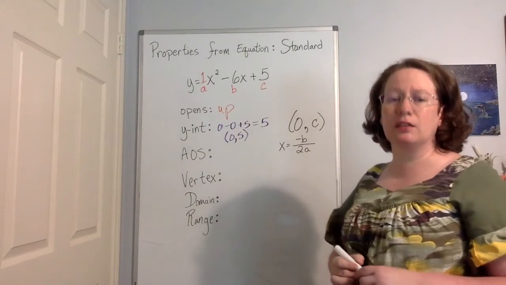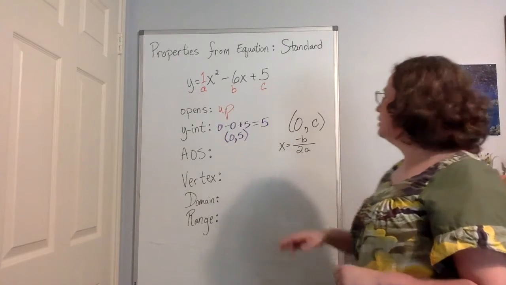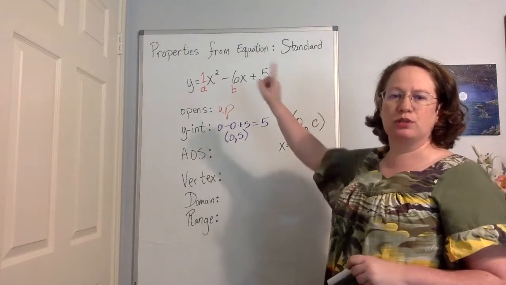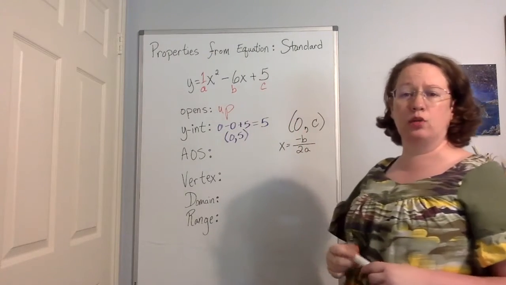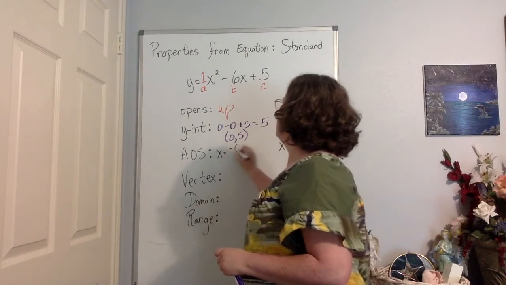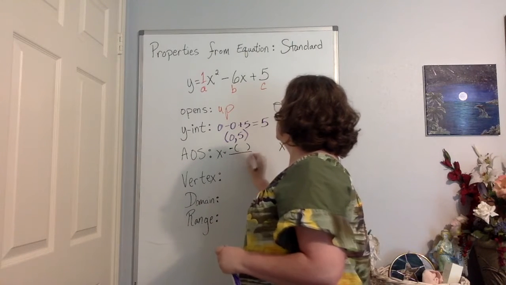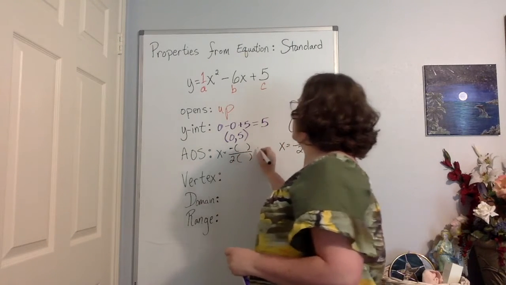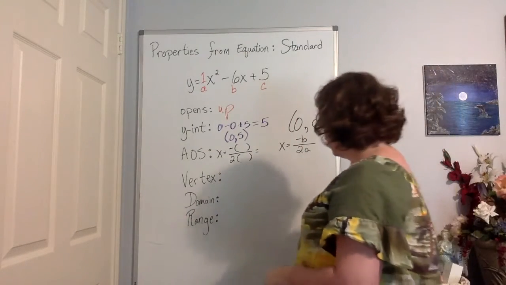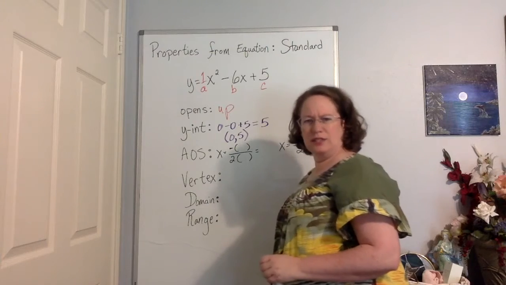So I'm just going to give you this equation, all right? So we have negative b divided by 2a. All we have to do is plug in the stuff from our equation. So x equals negative whatever b is divided by 2 times whatever a is. What's b? Negative 6.